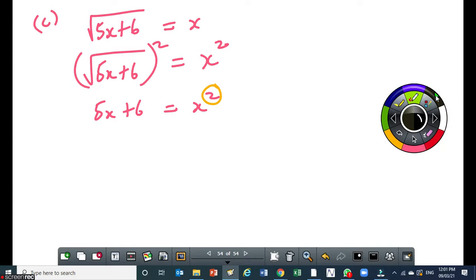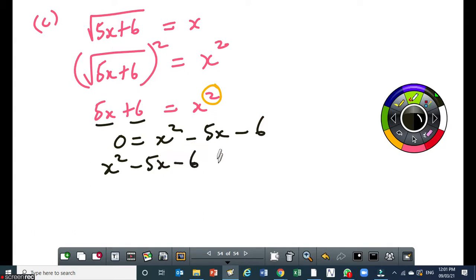So I'm going to take this and that to the right, and then I'll get 0 equal to x squared minus 5x minus 6, which I can write as x squared minus 5x minus 6 equal to 0, without changing the sign because of the movement from the left to right.